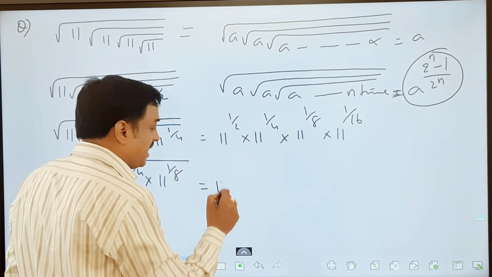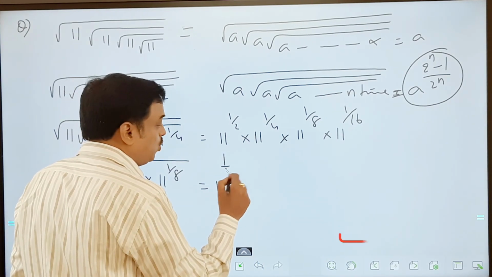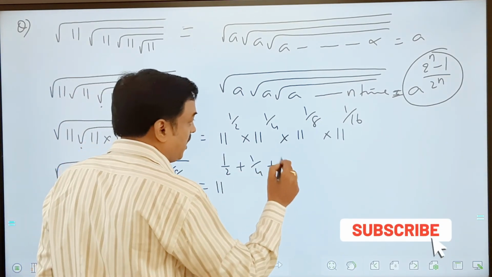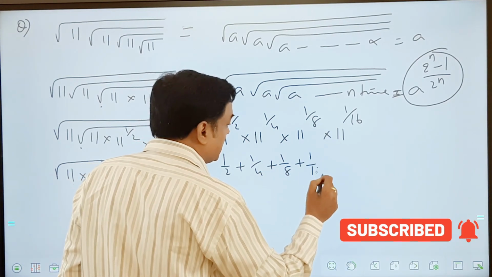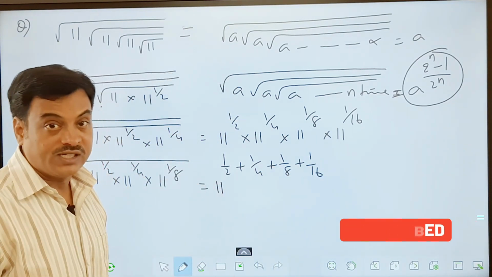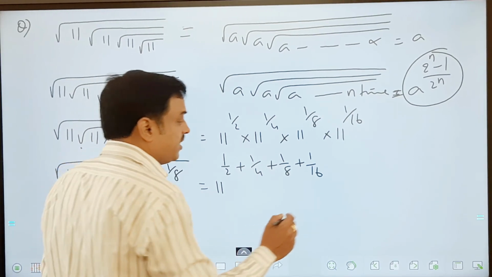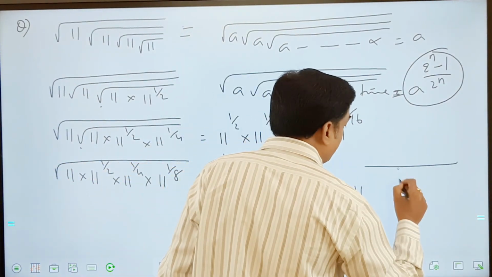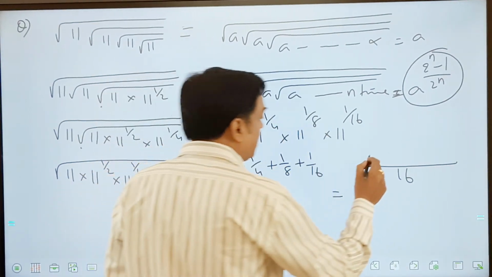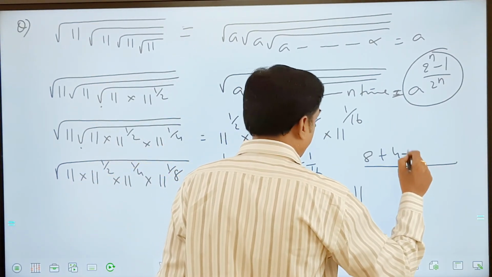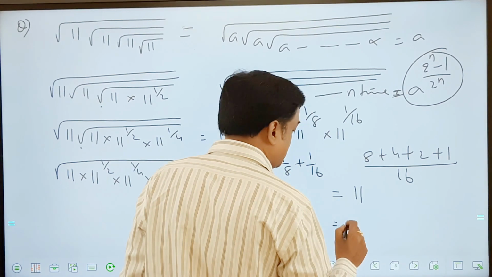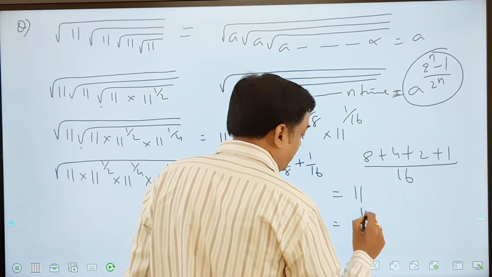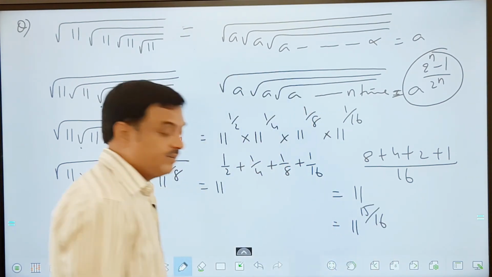Now, can I write this as 11 to the power of 1 by 2 plus 1 by 4 plus 1 by 8 plus 1 by 16? Base the same, powers should be added. And then further, taking LCM as 16, this will be 8 plus 4 plus 2 plus 1, which is 11 to the power of 15 upon 16 you get.